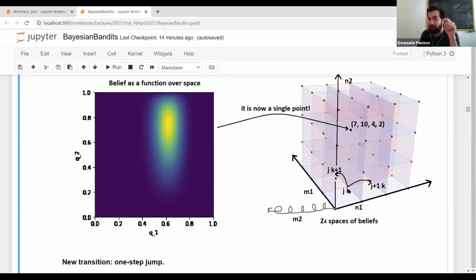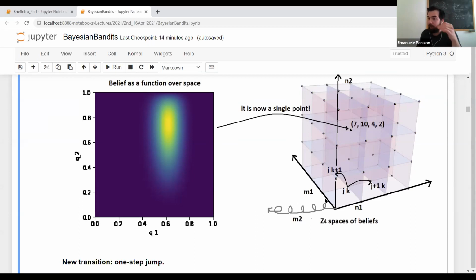If I consider only arm 1, I will only move in this plane here, and in the other case, if I take arm 2, I can only move to the 2 different points in belief connected by the 2 different axes.